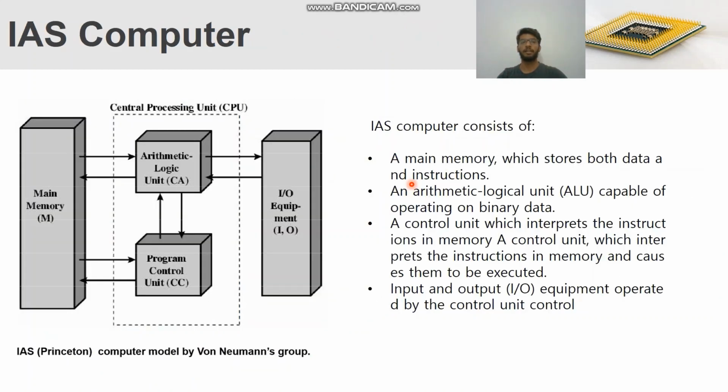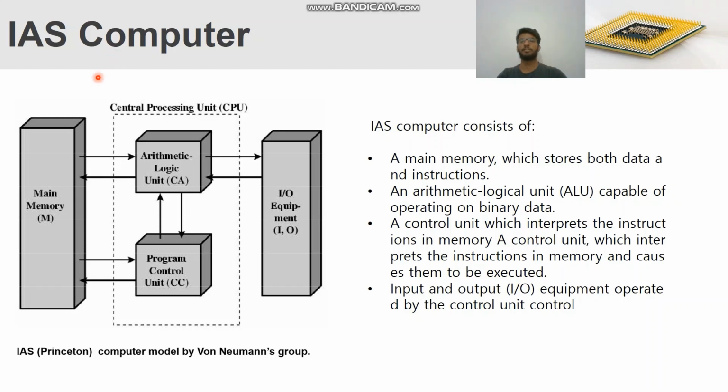Moving on to the next slide. Here is the IAS computer, the Institute for Advanced Study computer, which was the first computer developed in Princeton from around 1944 to 1951.